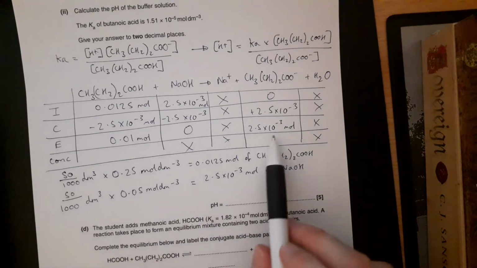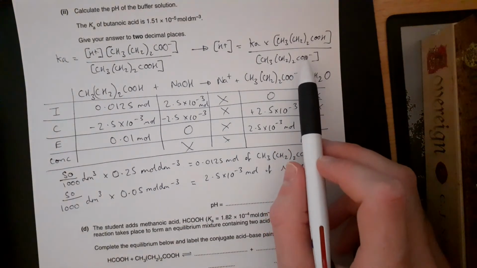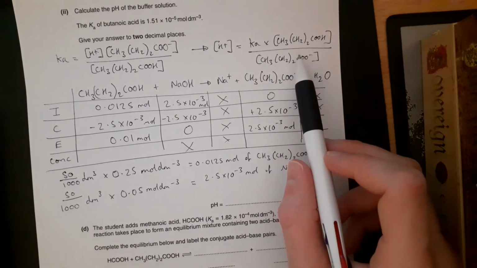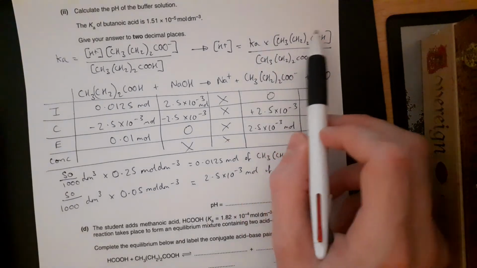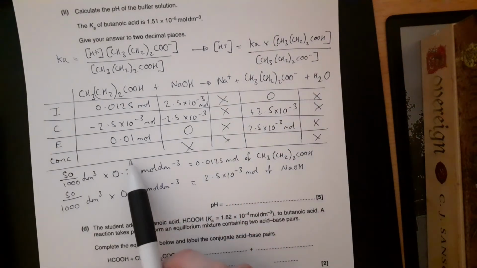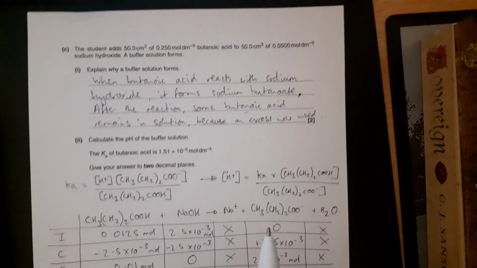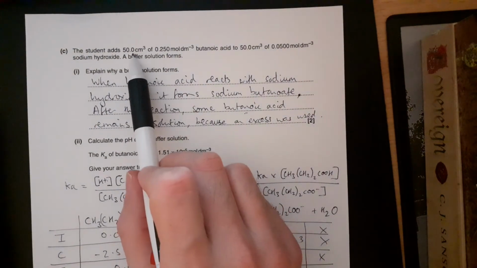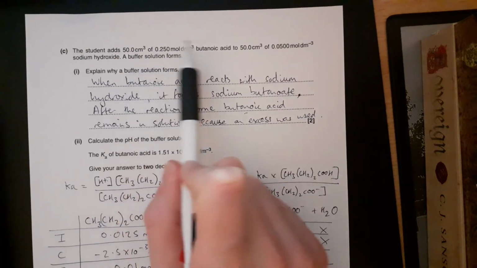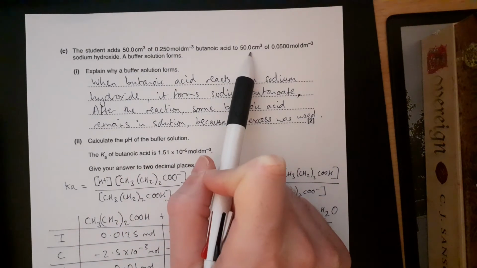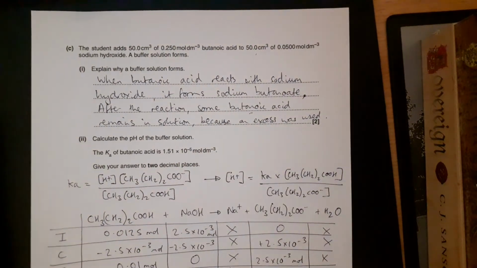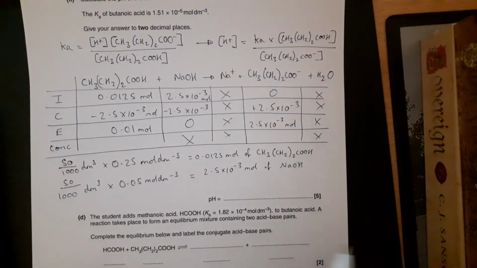We can't put these values in because we need to convert them into concentrations. That's why we have the square brackets here. These are moles, so we're going to need to divide by the volume. The volume is going to be the total volume from up here. We had 50 centimeters cubed and another 50 centimeters cubed, so it's 100 centimeters cubed, which is 0.1 decimeters cubed.